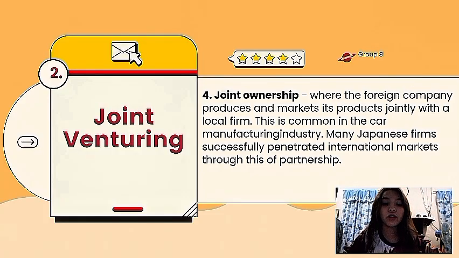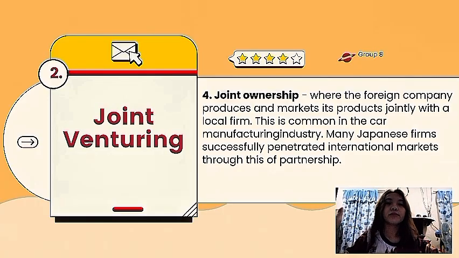Another one is joint ownership, which is still part of joint venturing. What is joint ownership? Joint ownership is when a foreign and local firm co-own a business and share operations.